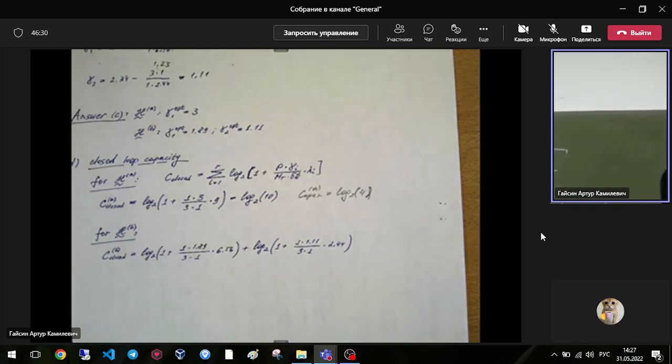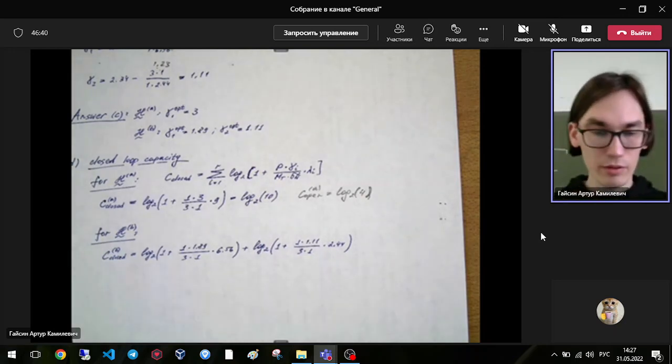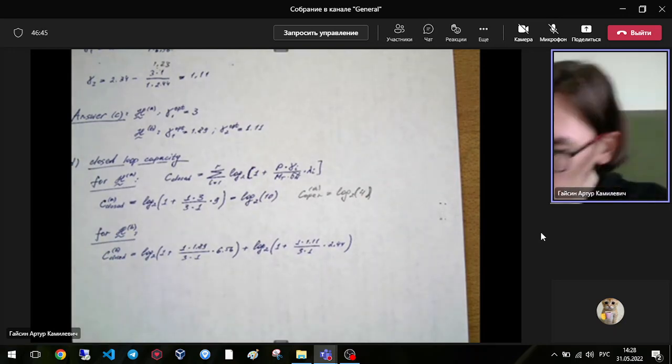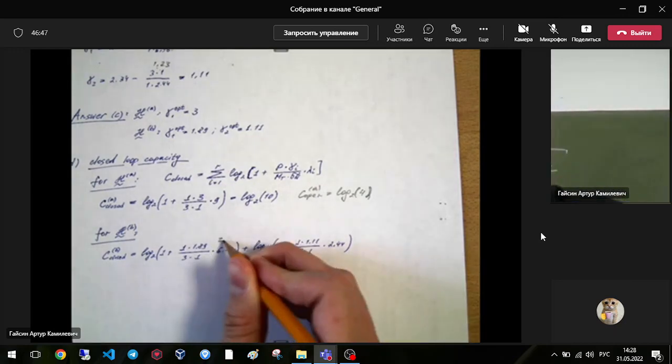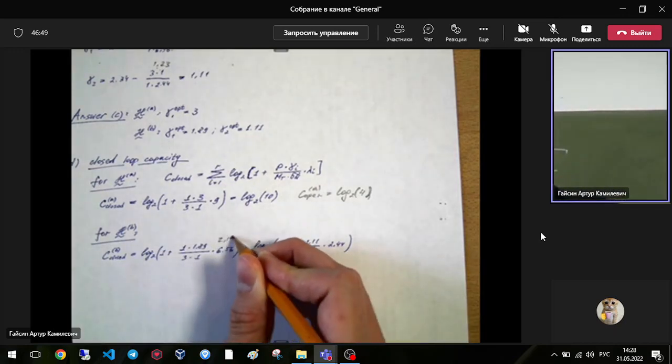So what we have here. So if we divide 6.56 by 3, it is equal to 2.19. So this one, 2.19.